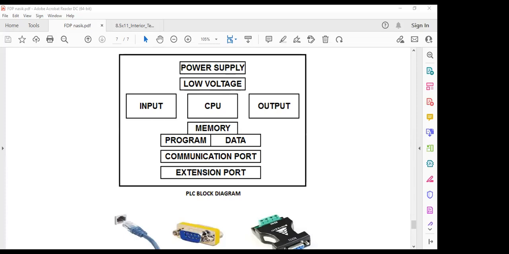Which device do we use to take the feedback signal from the motor? Which device do we use to take rotation feedback? Device name. Encoder, sir. Tachometer, encoder. Encoders. Okay. Another people, how many are attending?